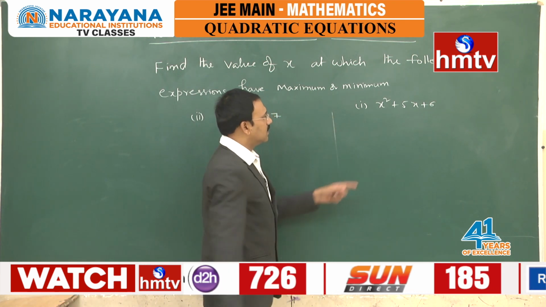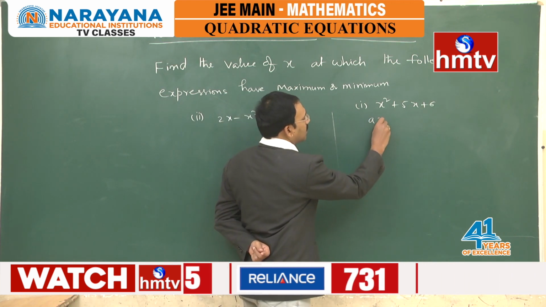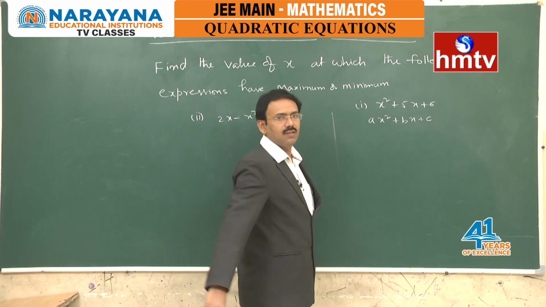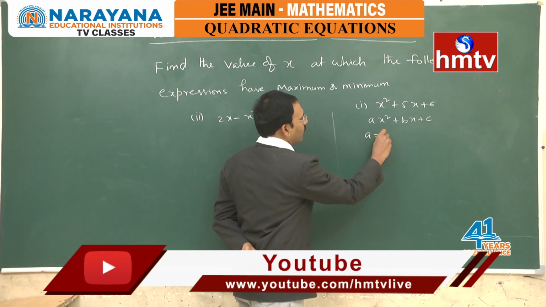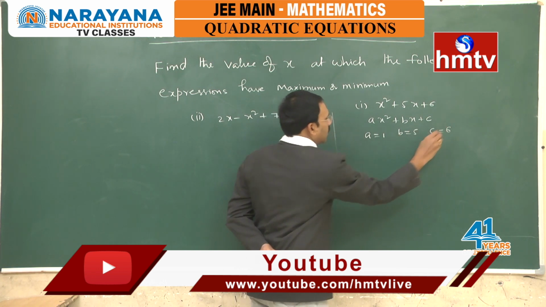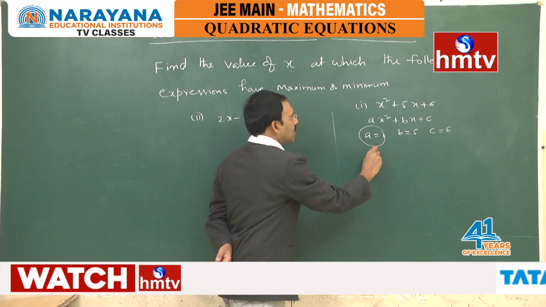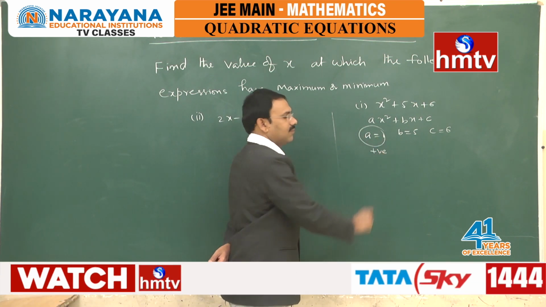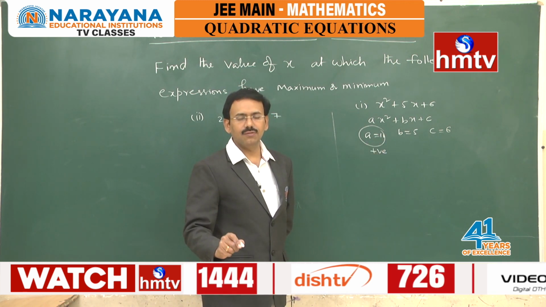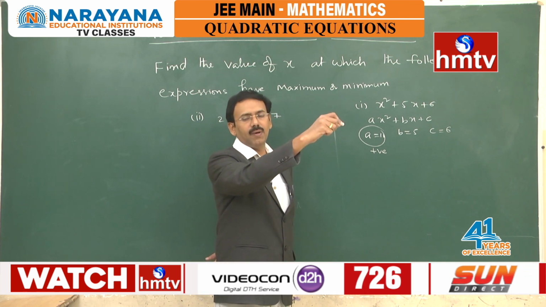You see, this expression is a quadratic expression. Compare this with ax square plus bx plus c. Here a is 1, b is 5 and c is equal to 6. Now observe a, is it positive or negative? A is 1, which is positive. If a is positive, the curve is going to be an upper parabola.